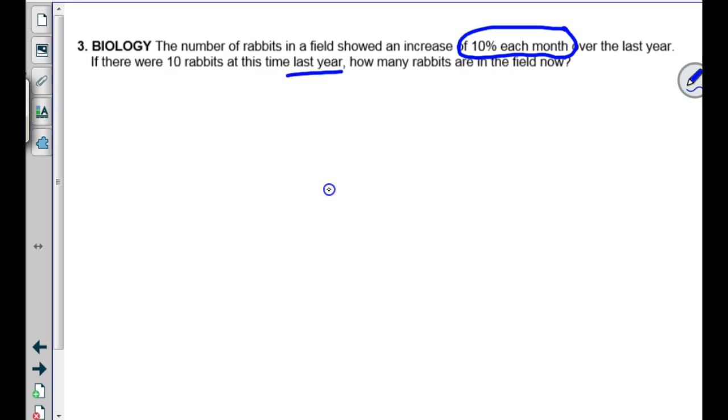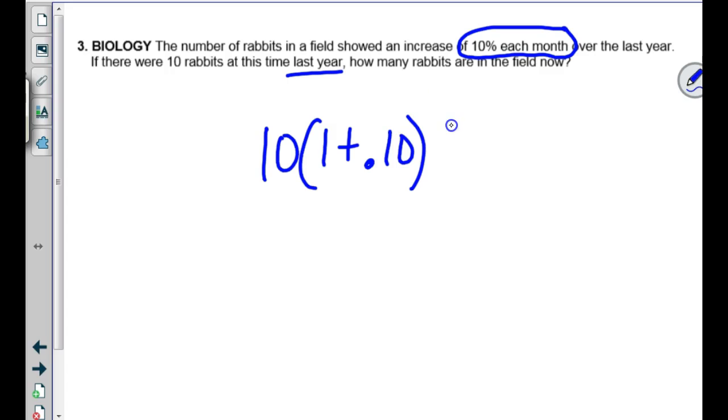So we're going to do growing or increasing or decreasing. 1 plus what? 0.10, yep, or just 1.1. But this is a monthly rate, so if we want to hit 1 year, we want to do what? 12 months later, so yes.